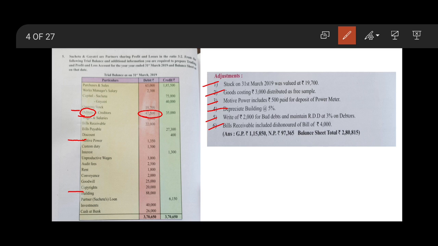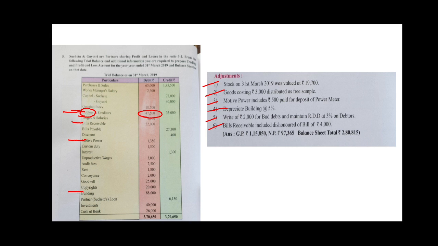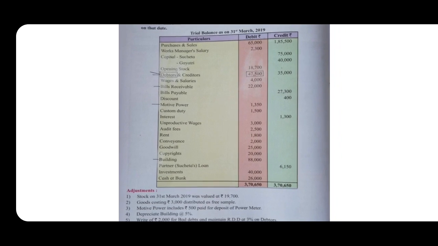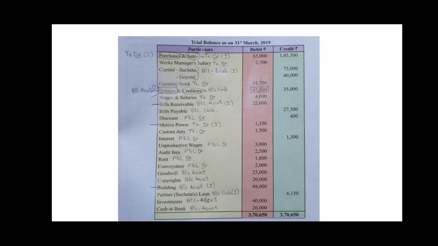So adjustment on bills receivable also affects the debtors. Therefore, second mark for debtors and we'll mark out bills receivable too. Here is my bills receivable, so I'll mark it here. So we have completed the first step. In this way you will mark out the items here.